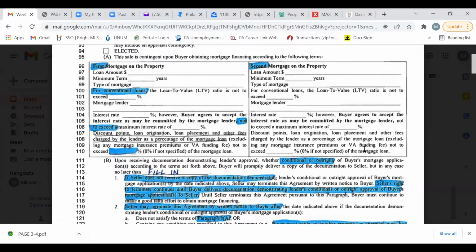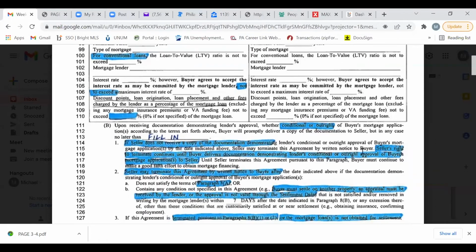So going to the next paragraph then, Tim, under 1, it says, if seller does not receive a copy of the documentation demonstrating lender's conditional or outright approval of buyer's mortgage application by the date indicated above, seller may terminate this agreement by written notice to buyer. Seller's right to terminate continues until the buyer delivers documentation demonstrating lender's conditional or outright approval of buyer's mortgage application to seller.